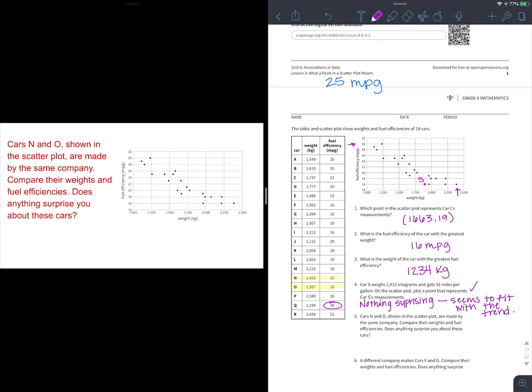What we notice is that car N has a lower weight and a higher fuel efficiency than car O. But again, it's nothing that should be surprising.